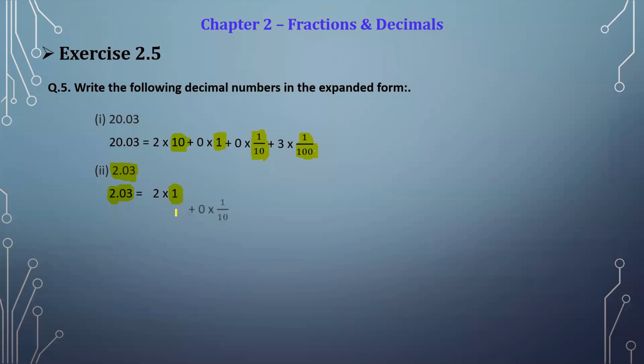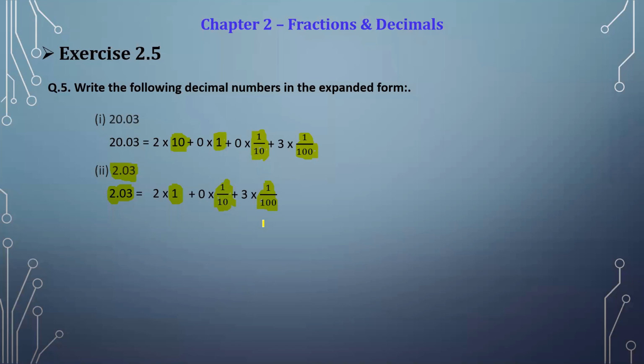Plus 0 into 1 upon 10 because 0 is present at 10th position, and plus 3 into 1 upon 100 because 3 is present at 100th position.